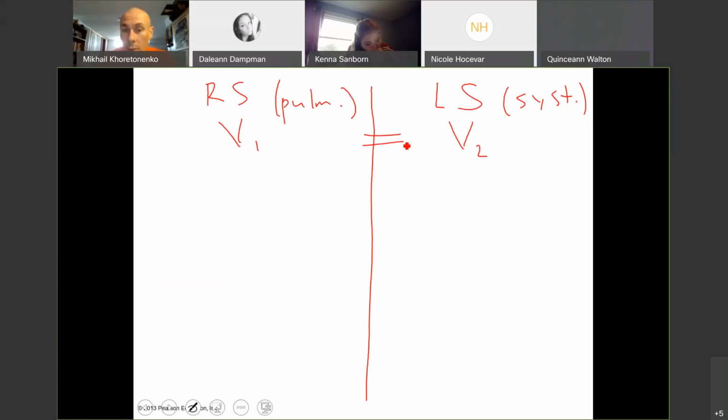If your question was about the left side failure, right? So if the left side fails, what happens to V2? Goes down. Blood doesn't leak anywhere, so it goes down. What happens to V1?